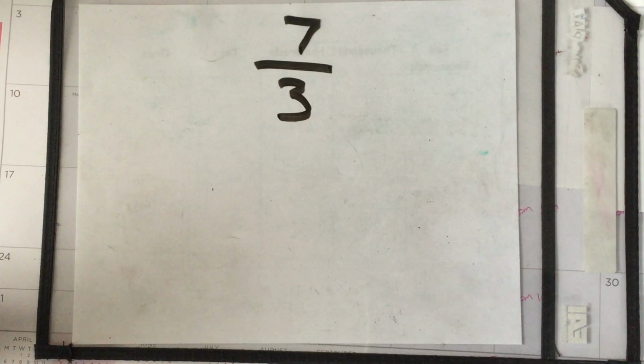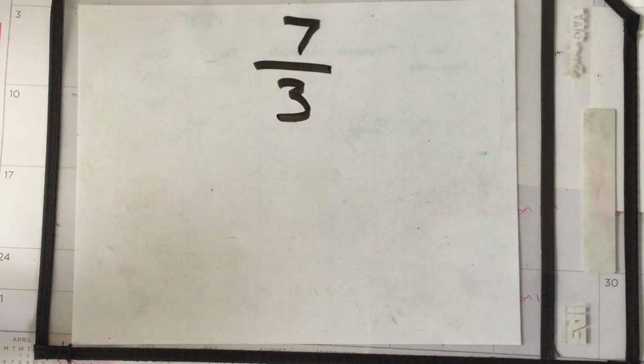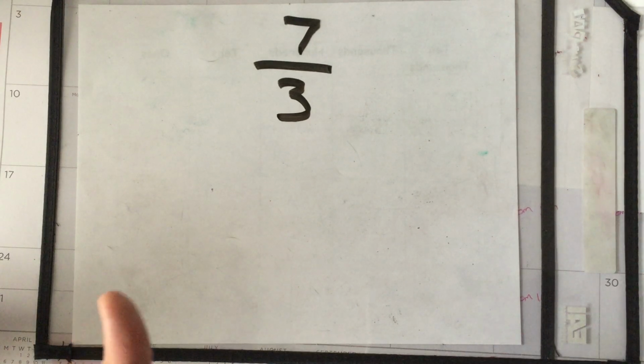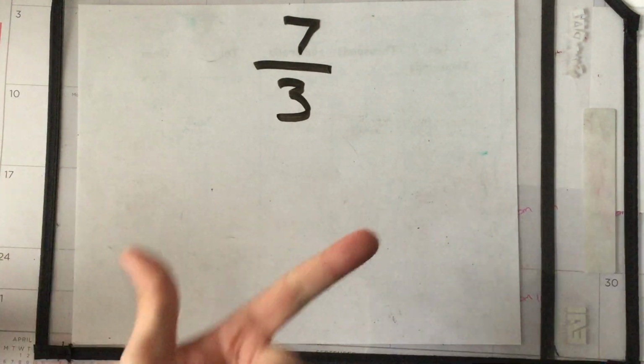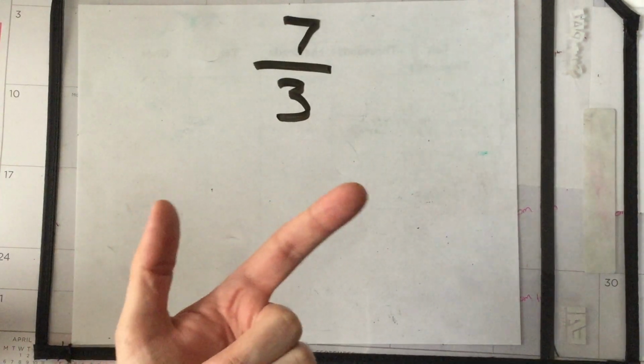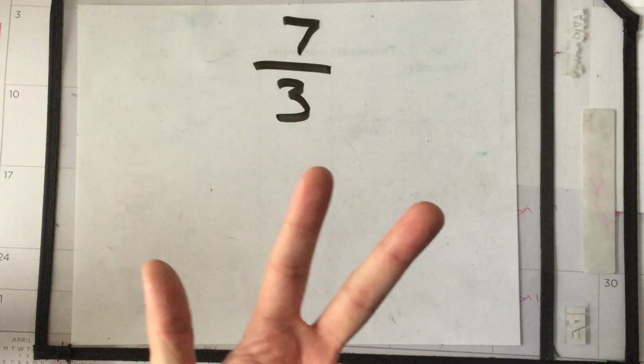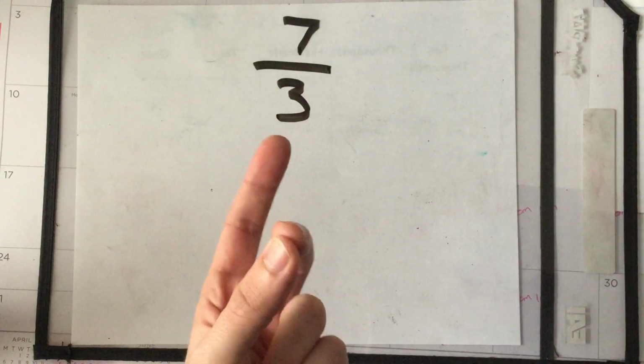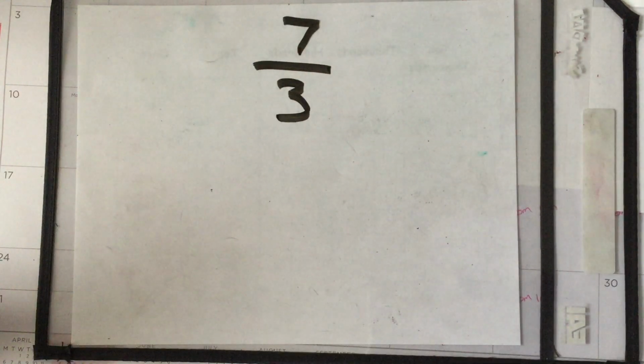So I need to think to myself, okay, thirds, 3 pieces. The whole was cut into 3 pieces. So that means I have 3/3, and if I had another full thing, that would be 3 more pieces, which is 6/3. And then if I had another 3 things, that would be a 3rd full complete thing, and that would be 9/3. Oh, I've gone too far. 3, 6, 9. 9 is bigger than 7.